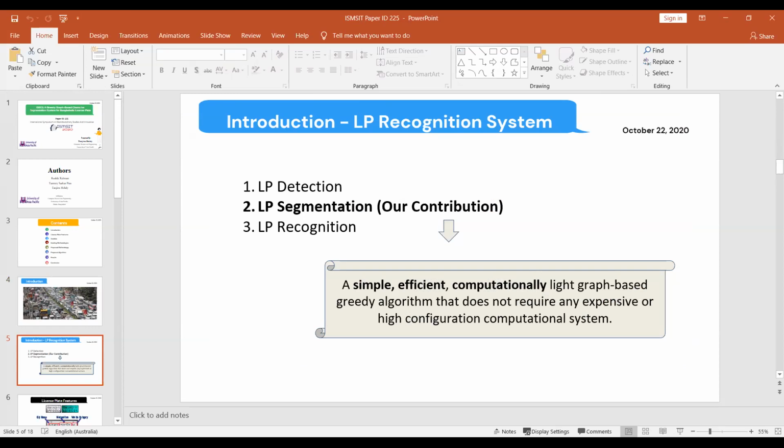So for an effective recognition system, detection and segmentation are also important. Without efficient detection and segmentation, we cannot have efficient recognition. So in our paper, we propose a simple but efficient and computationally light graph-based greedy algorithm that doesn't require any expensive or high configuration computational system.